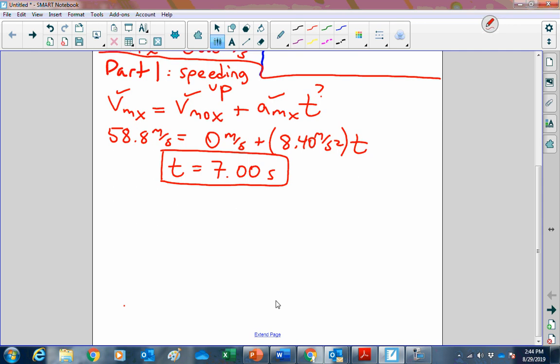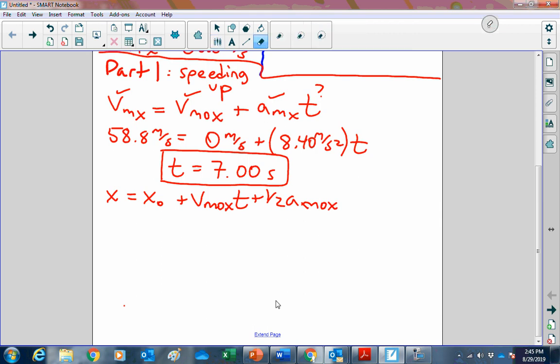One I could use is this one. x is x0 plus initial velocity times time. So let's say we started at 0 meters, like that was the starting line.